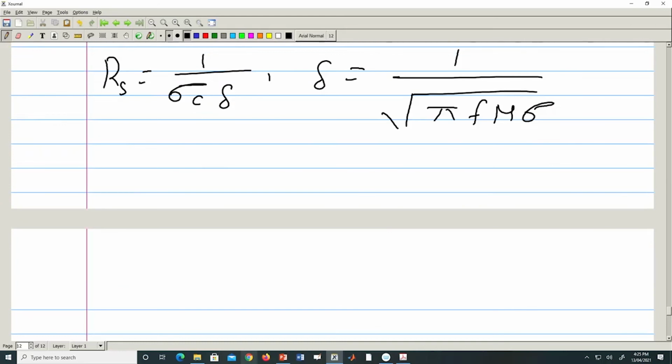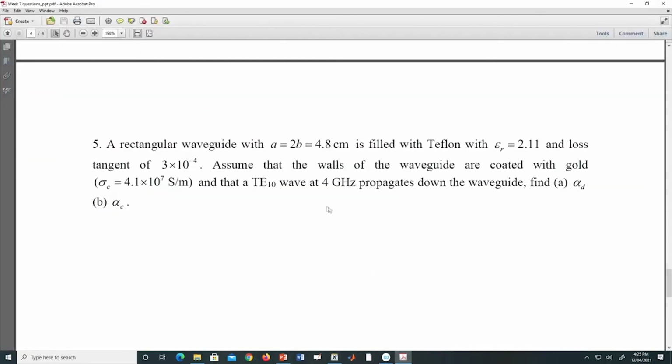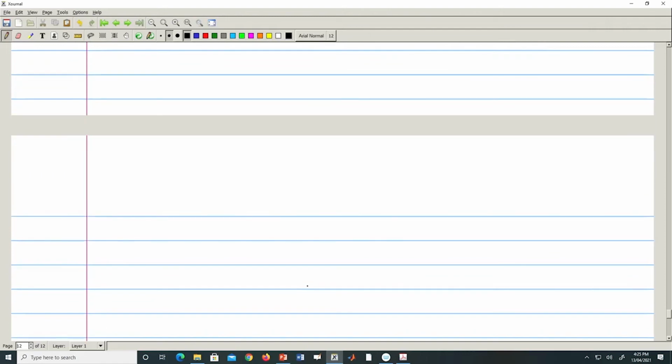This is for the T10 mode, and the operating frequency is 4 gigahertz. So, for the T10 mode, f c will be c upon 2a root epsilon r.